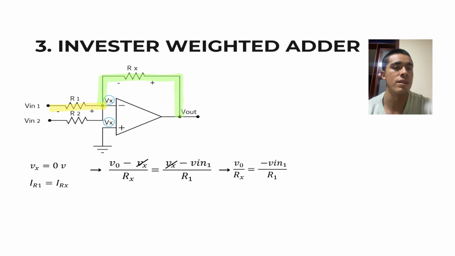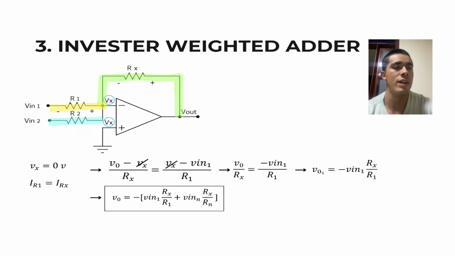As Vx equals 0, it is replaced in the expression, obtaining the output for V1. However, in this configuration, the total output will be the negative of the sum of the individual outputs, since the gain of each input is the ratio of the resistances Rx over Rm. A weighted average is obtained.